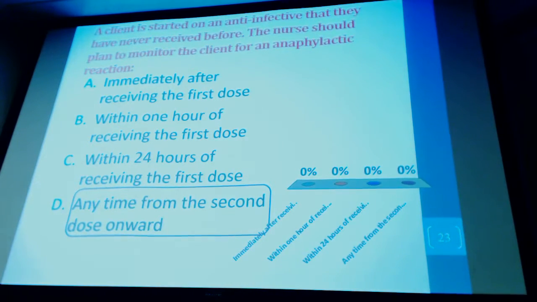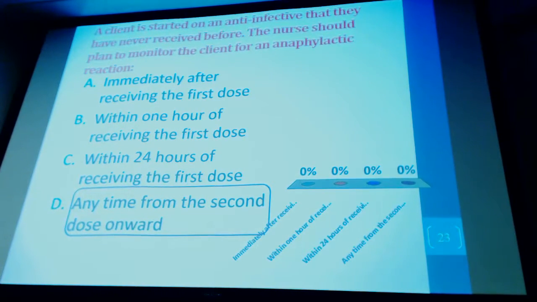Now, that doesn't mean the second dose that the nurse gave while they were in the hospital. You have to find out, has the patient ever taken this medication before? Takeaway point here is chemical goes into the body once, that's when we may become sensitized to it.